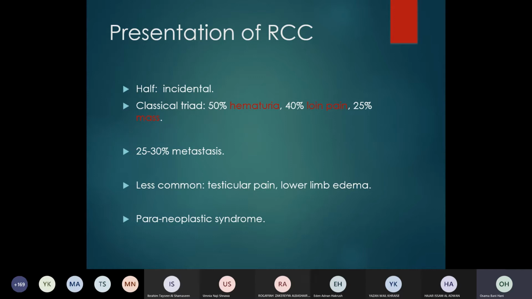A quarter of the patients present with the classical triad, and a quarter of the patients present, unfortunately, with metastatic lesions to the body, either locally or even distant mets. Just to mention, very rarely they present with testicular pain or even lower limb edema.